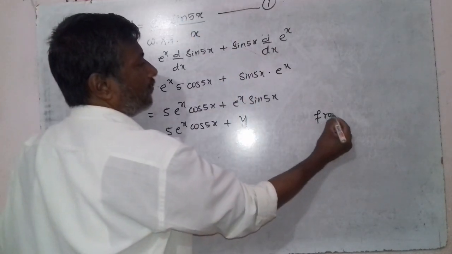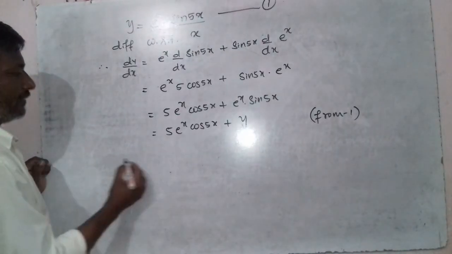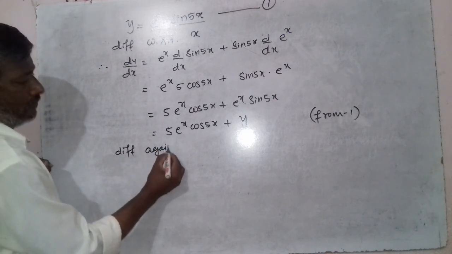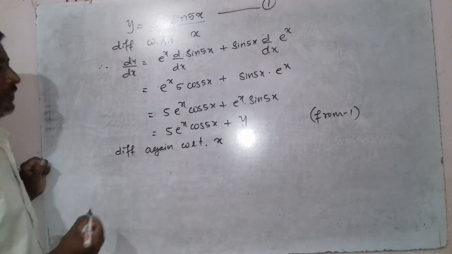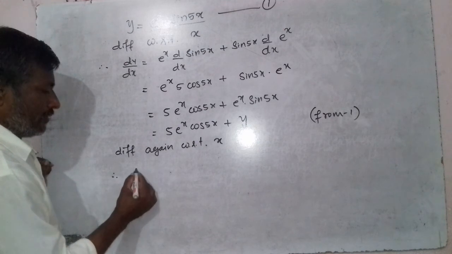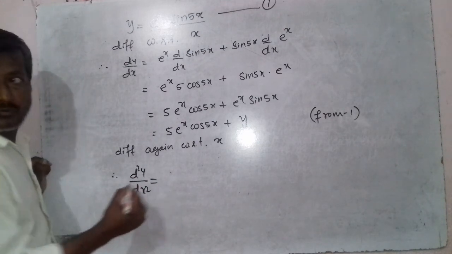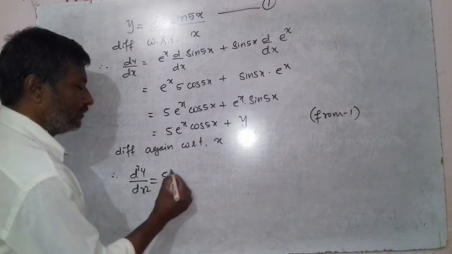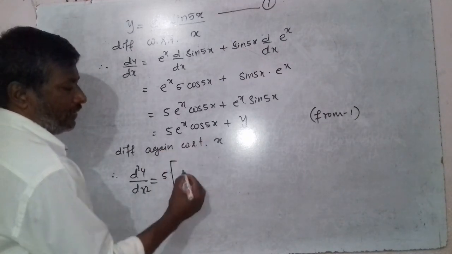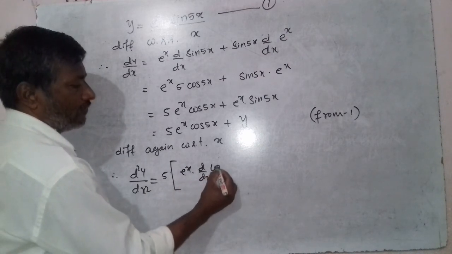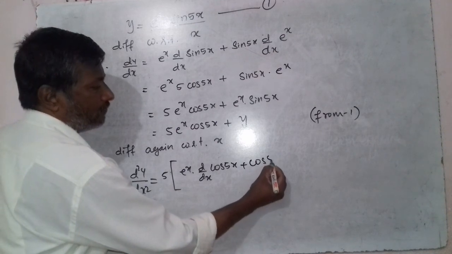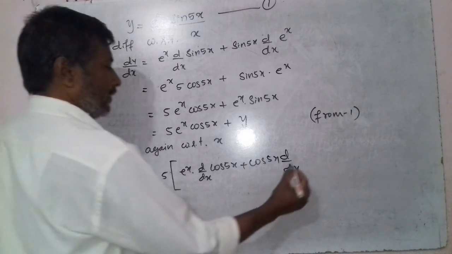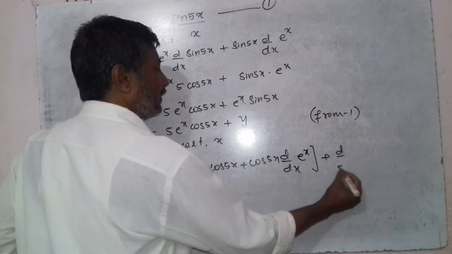So from 1, differentiating again with respect to x, d square y by dx square equals 5 into bracket e raised to x d by dx of cos 5x plus cos 5x d by dx of e raised to x, plus dy by dx.